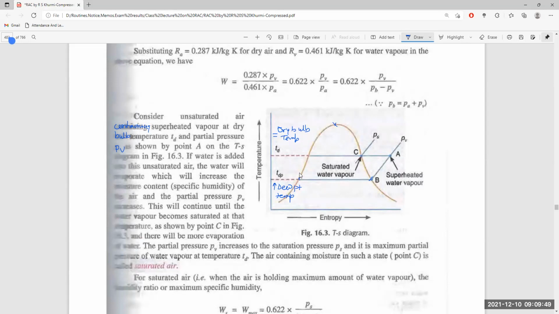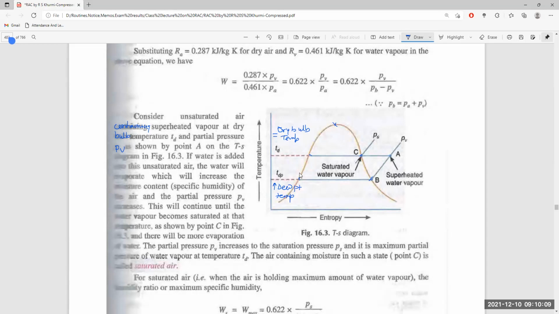And if we draw the same line on the dry bulb temperature, these are the two points where that line intersects the wet saturated line and dry saturated line.